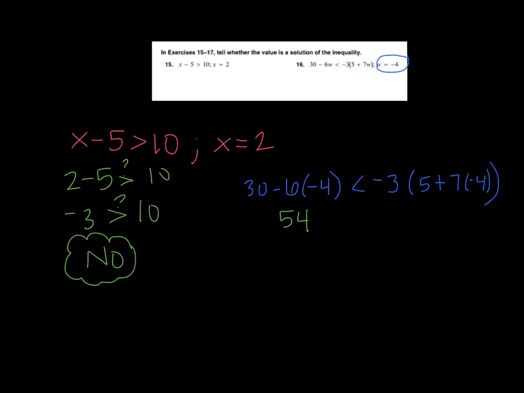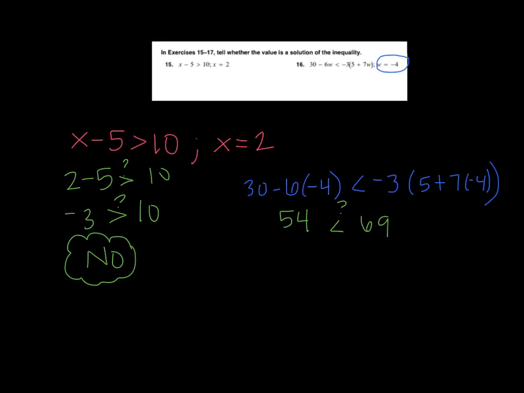So remember, order of operations, I multiplied first and then I did the 30. Okay, I want to know, is that less than, and so on this side I have 5 plus 7 times negative 4. So remember, you got to work in those parentheses first. That's negative 23, and then I'm multiplying that by negative 3 because that's what it says to do. And that gives me 69.